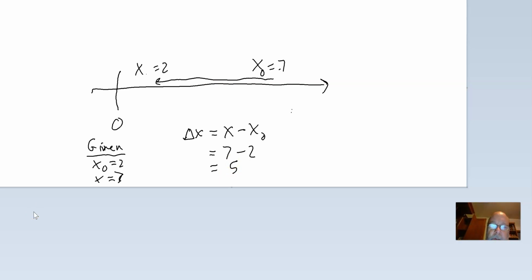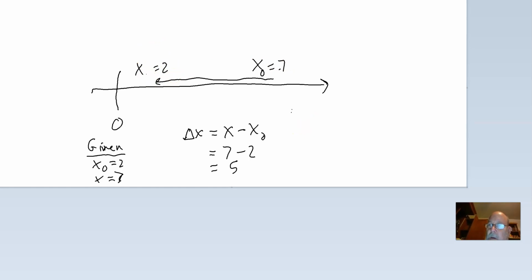Now, you'll notice that the next question on the Nearpod says, what happens if you make it so that the initial value is greater than the final value? Let's do that. Let's say now that our x0 is 7 and our final position is 2. Let's see how that changes things.